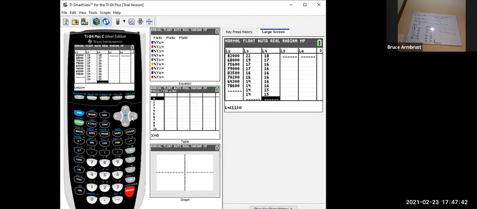Okay, so I think I got it. All right, looks good to me. So we've got list 3 is the American League and list 4 is the National League.